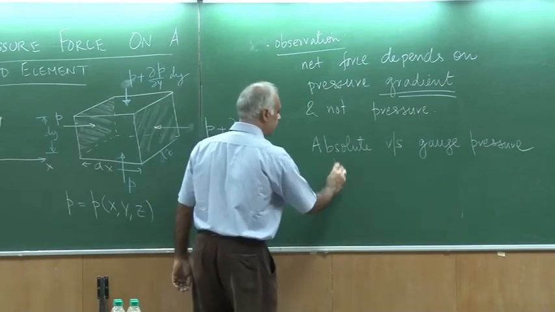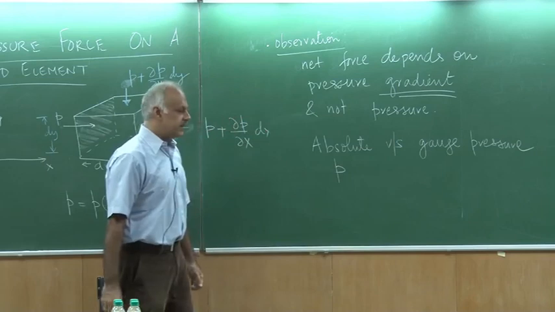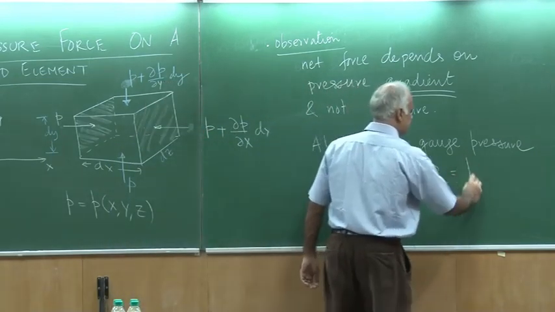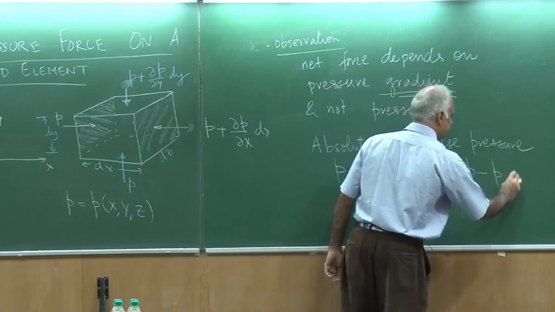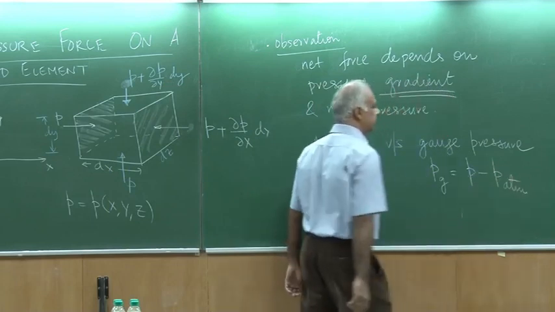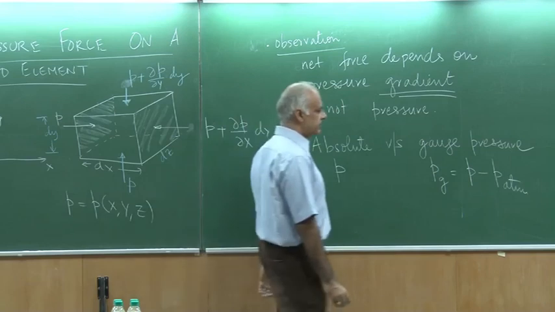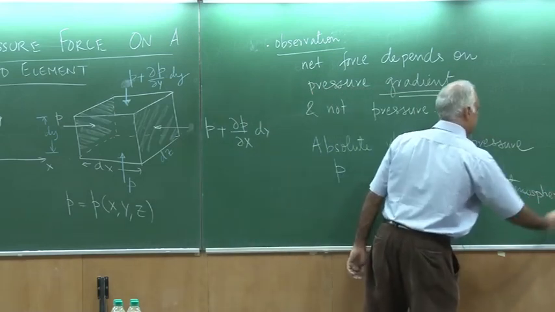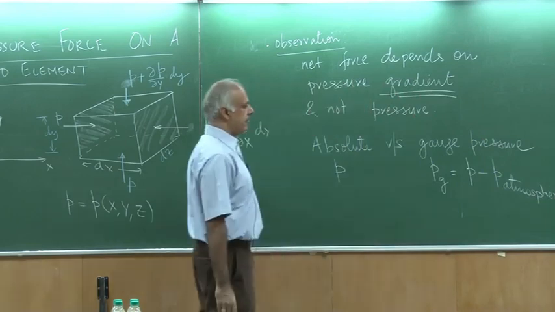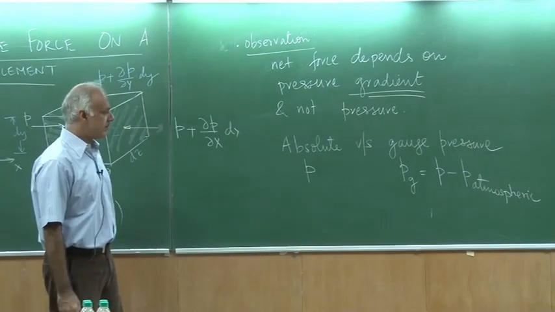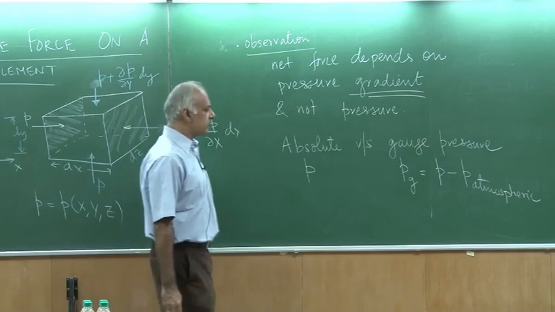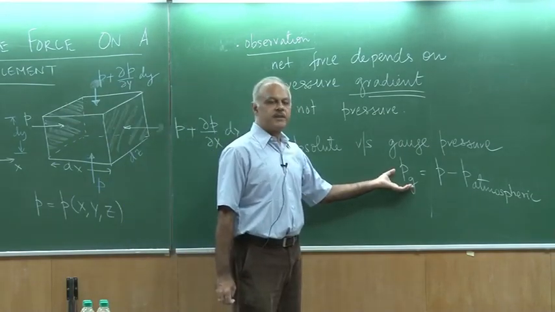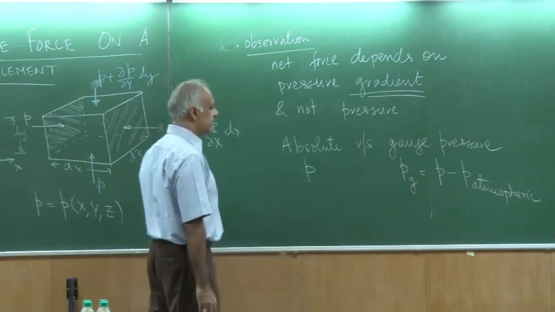So if P is my absolute pressure, then I am going to define P gauge as P minus P atmosphere. This is the atmospheric pressure. So often when you do fluid mechanics, you would be interested more in the gauge pressure and not the absolute pressure.